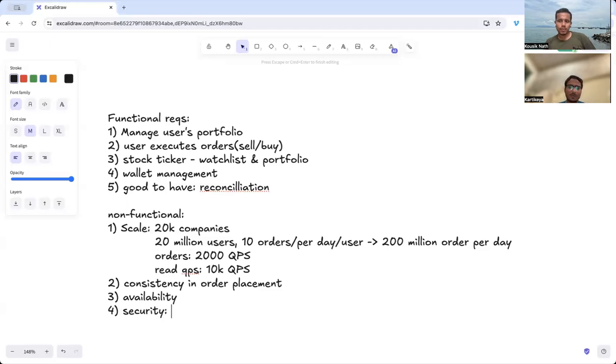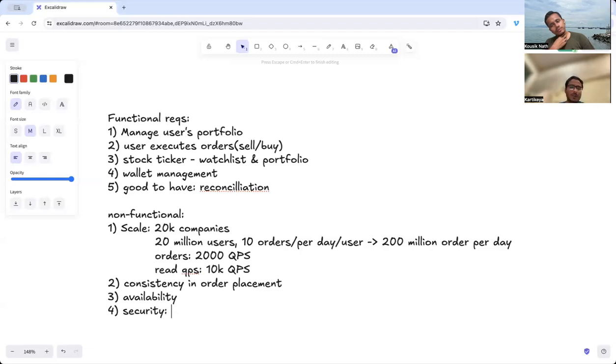But we should be able to somehow encrypt the data so that no one can sneak into the data from the technical side. We can do that, but it's a very general thing to do in all systems.